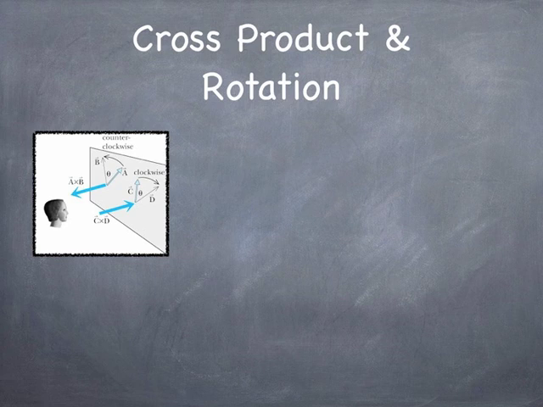And similar with clockwise, it looks like counterclockwise from the other side. So students sitting on opposite sides of a laboratory bench, for example, watching the same object spin, will report that the object is spinning in opposite directions, but it's the same object.